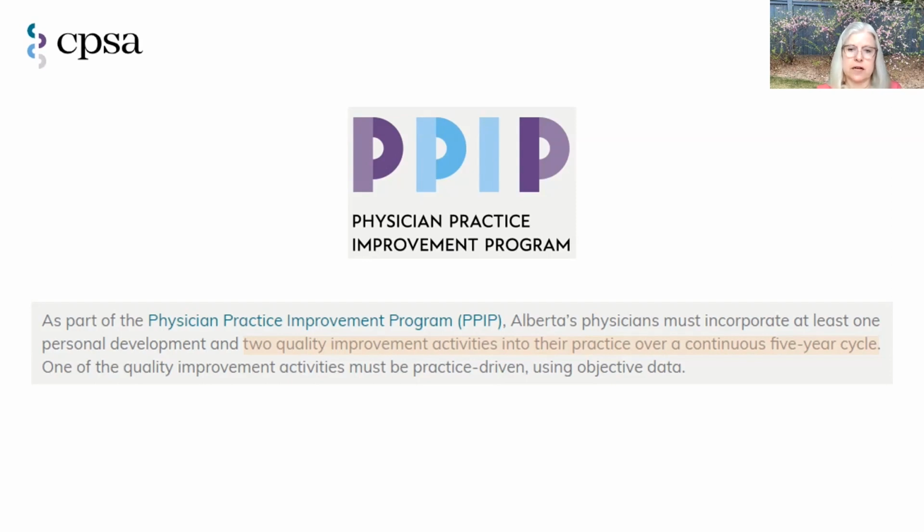So when you come up for your next cycle, they've changed it a little bit, and physicians are going to do 1 personal development and 2 quality improvement activities over their 5-year cycle. So my point is that quality improvement is something that we're going to have to do. So we might as well enjoy it. We might as well make it relevant. And we might as well do it well so that it makes a difference. I don't have a lot of details, but there is a little more information on the college website if you're interested.